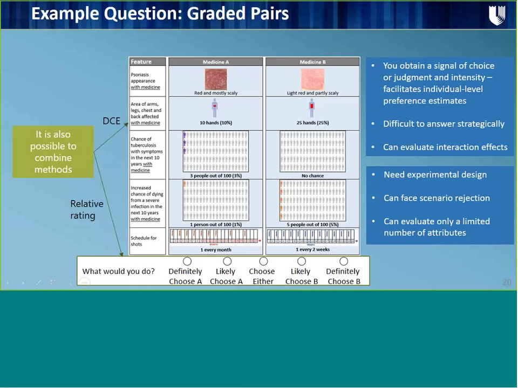And because you're asking them to consider full profiles, you can also ask them to consider interaction effects across these different attributes. But on the other hand, you still need an experimental design, and you have all the baggage of the DCE, except that you get a little bit more information because you're not only getting choice, you're actually getting intensity of preferences here.